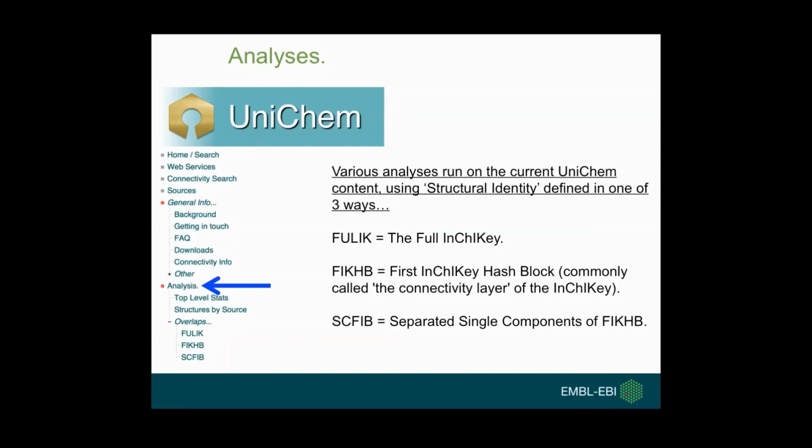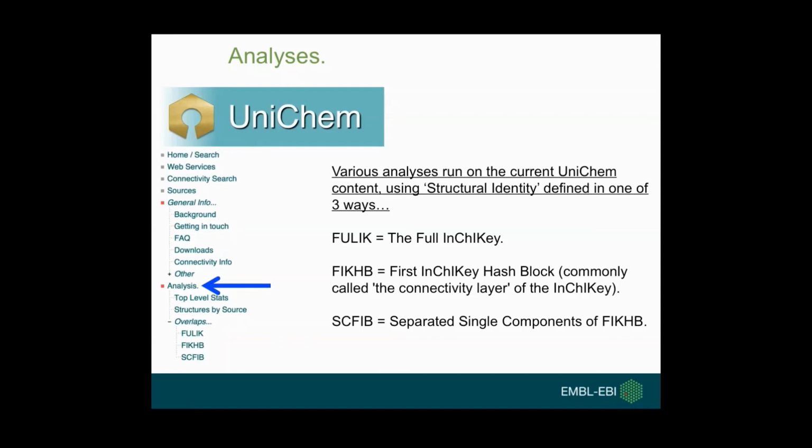When we do these analyses, we look at the number of overlaps that exist between different sources and the number of structures from a source which are unique to that source and which are not owned, as it were, by any other source within UniChem.